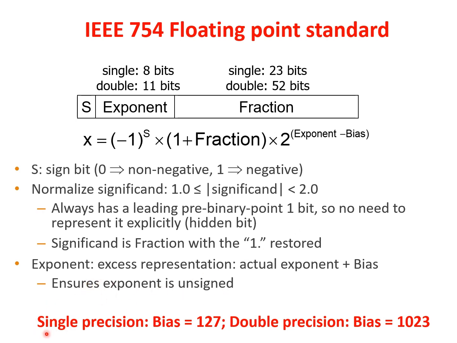You must take notice that the single precision bias is 127 and the double precision bias is 1023. For double precision, the whole thing is 64 bits: 1 bit, 11 bits, and 52 bits.